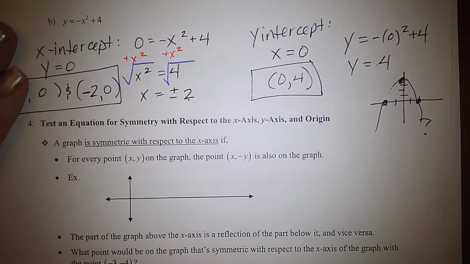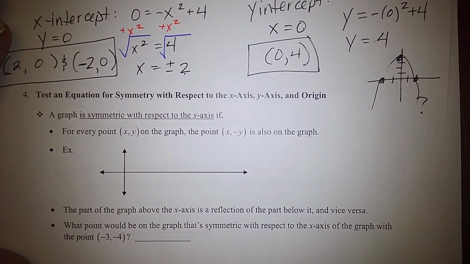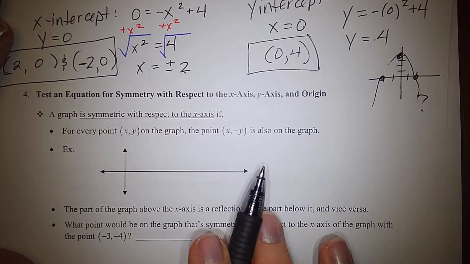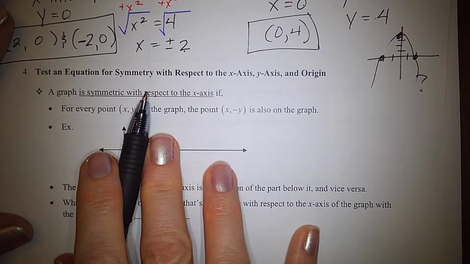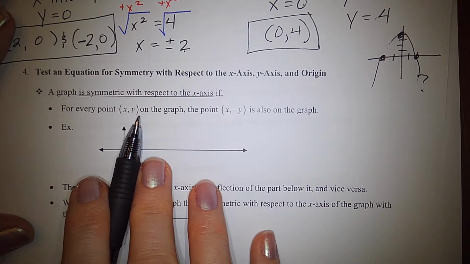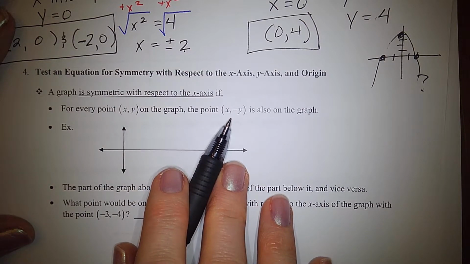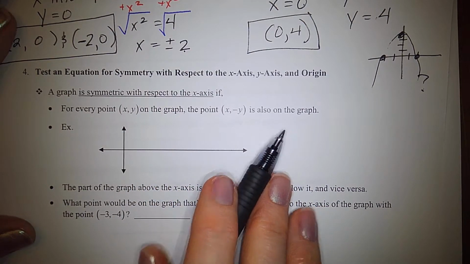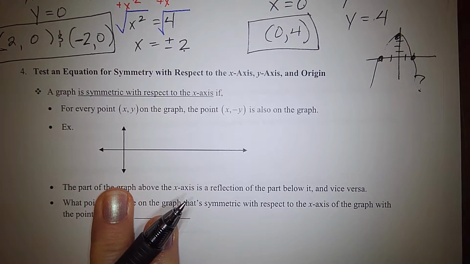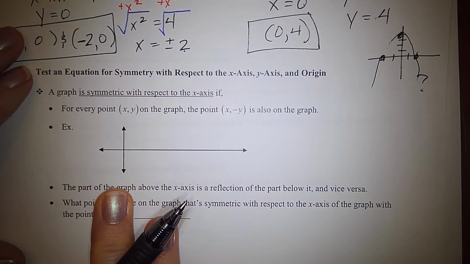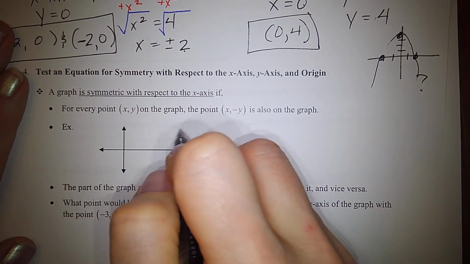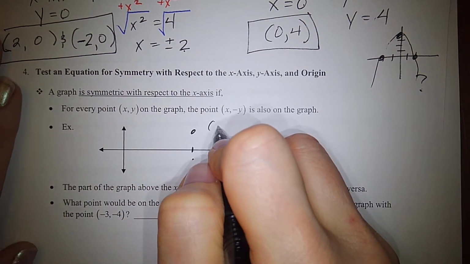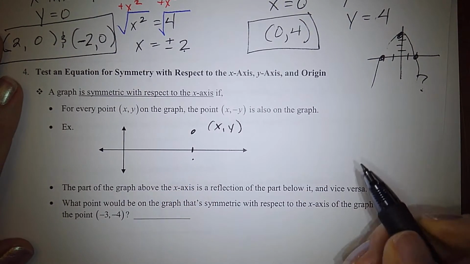Now we're going to learn how to test an equation for symmetry with respect to the x-axis, the y-axis, and the origin. A graph will be symmetric to the x-axis if for every point x, y on the graph there exists another point x, -y also on the graph. So let's look at an example of what that means. If I have this point right here, we'll call this x, y.